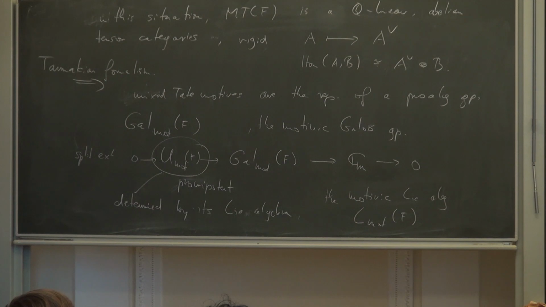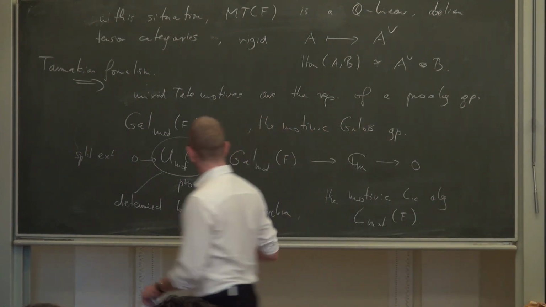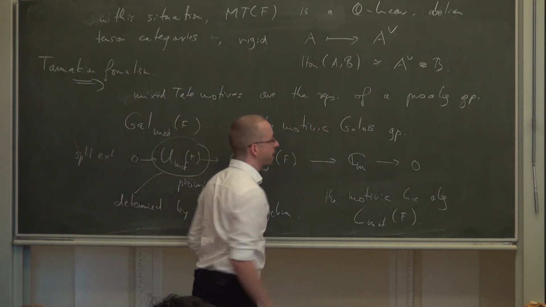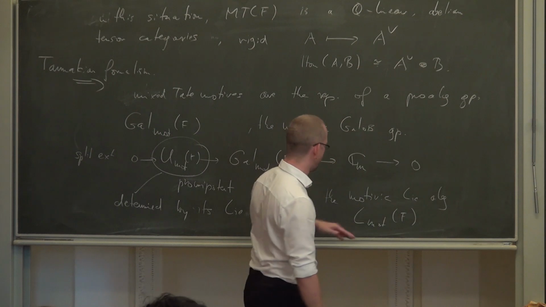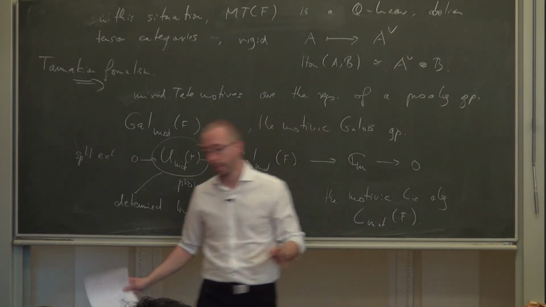So what's the point? Why are we talking about this? If we have Beilinson-Soulé, we get an abelian category of mixed Tate motives, which is really just a category of representations of an algebraic group, or representations of this Lie algebra, you can choose what you want to say.